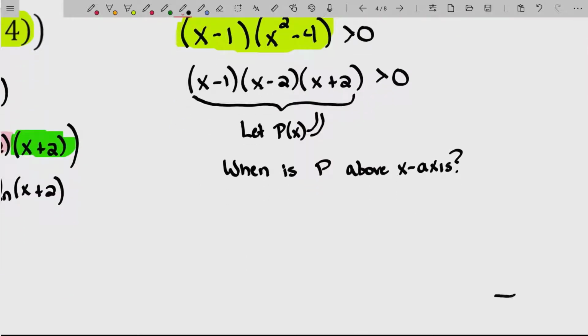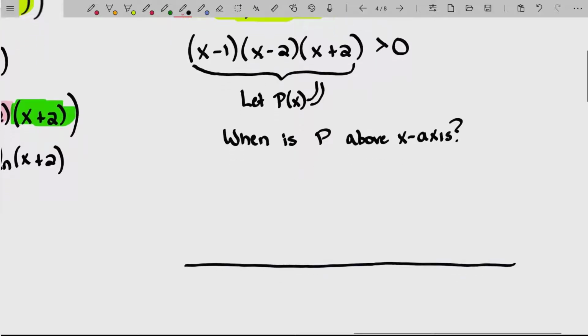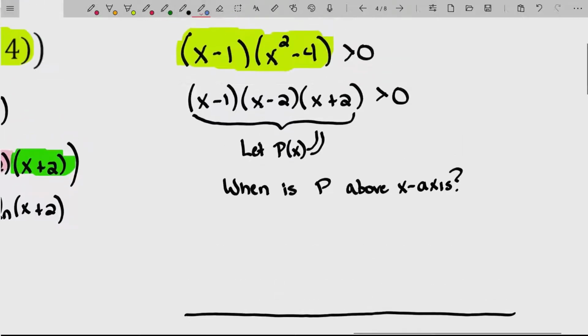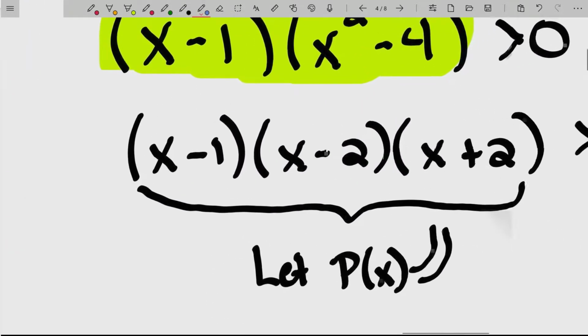Recall from our polynomial material, which is in my videos titled Graphs of Polynomial Functions, and there are maybe 5 different sub videos there. Recall from that you would first plot the x-intercepts. And the x-intercepts here are going to occur at the zeros of the polynomial.